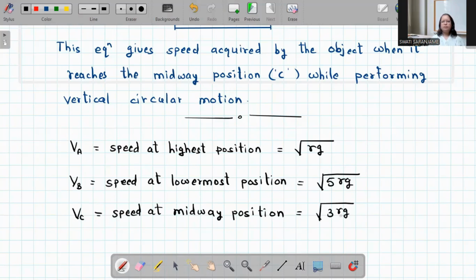So using the principle of conservation of energy, you can figure out the speeds at different positions. But according to the scope of the 12th standard HSC board physics syllabus, we require only these three positions: VA, VB, VC, highest, lowest, and midway position.